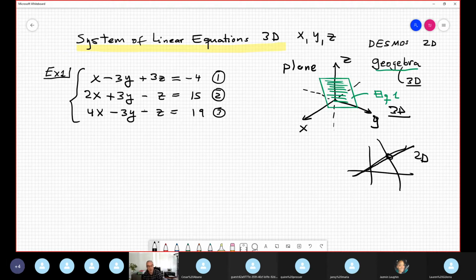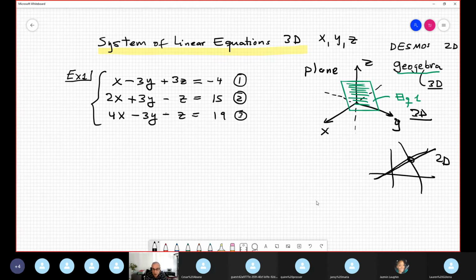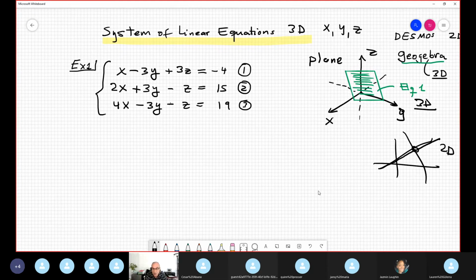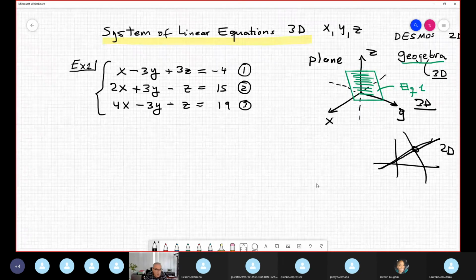Okay, but don't worry. Let's focus now on the algebra part. Suppose you don't know anything. We have no internet, no computer, no Geogebra. Let's focus on the algebraic part. This is a too long process. For example, you pair two equations.